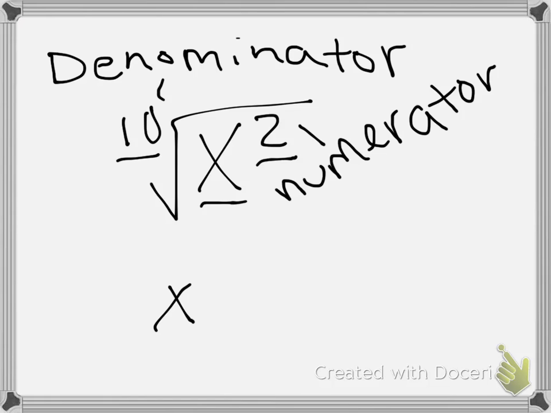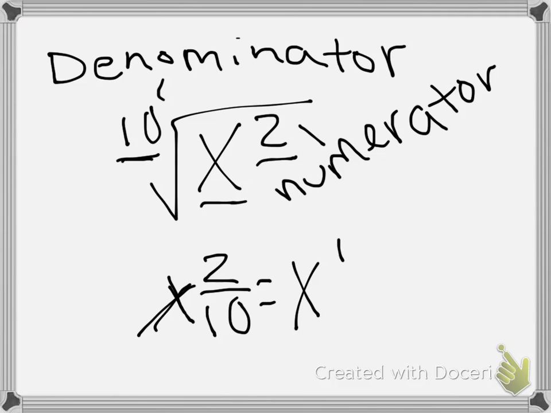You're going to take your numerator, which is 2, your exponent, bring 2 down, and then you're going to take your denominator, your root, which is 10, you're going to bring it down, so you're going to have x to the 2 over 10, and you're going to need to simplify it, which is going to equal x to the 1/5.